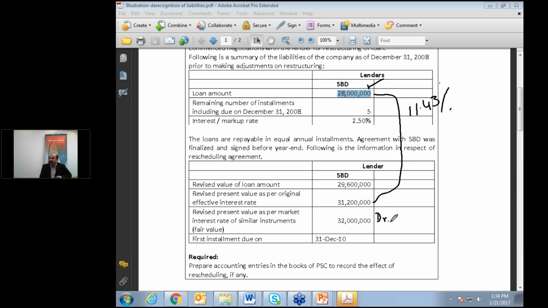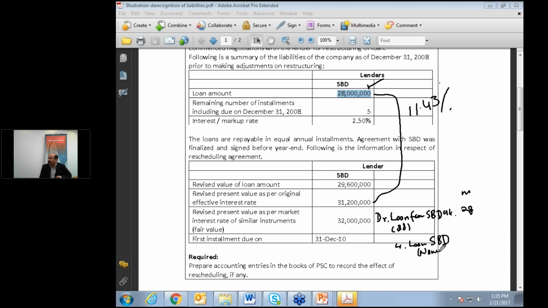So your old liability, loan from SBD, this is the old loan, will be debited with its carrying amount, which is 28 million, and credit the new liability. Again, this is loan from SBD, but this is a new loan.